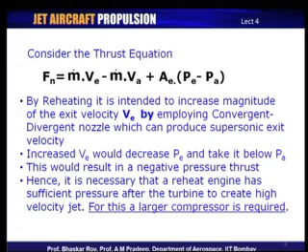The pressure thrust that we have talked about would become actually negative, and this is definitely not a desired situation. So, it is necessary that you take care of this by creating more compression a priori before it is released through the convergent divergent nozzle, and hence you require a larger compressor.